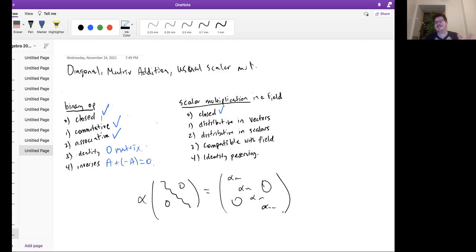And if everything else is 0, then you're not adding anything to that entry. It is distributive. Our usual scalar multiplication is distributive. Usual scalar multiplication is distributing scalars as well. So actually everything is fine. So this is a vector space.